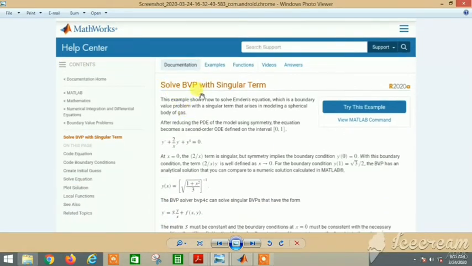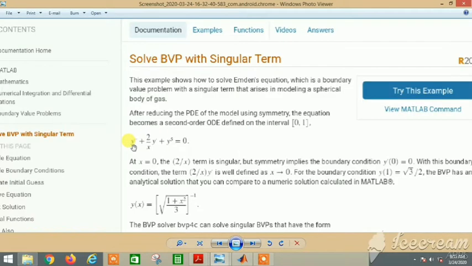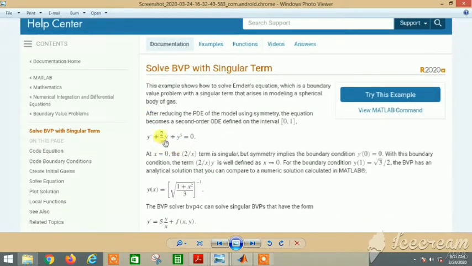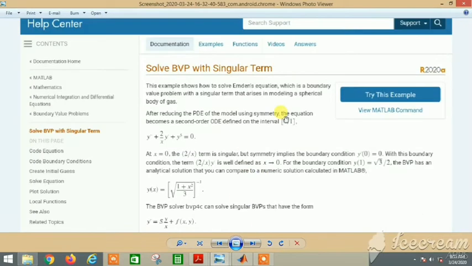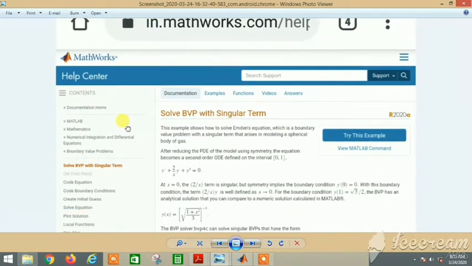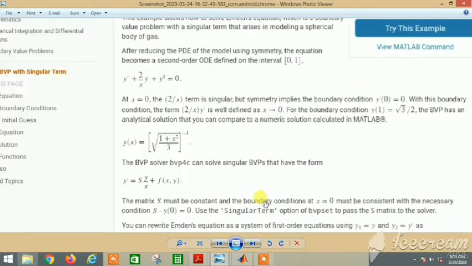So I went to the MATLAB help center, and here what I got is that to solve boundary value problems with a singular term, where this kind of situation arises, that y double prime plus 2 by x into y prime plus some function of y is 0, we can write it in this form, where S accounts for the matrix that is creating the problem of singularity.